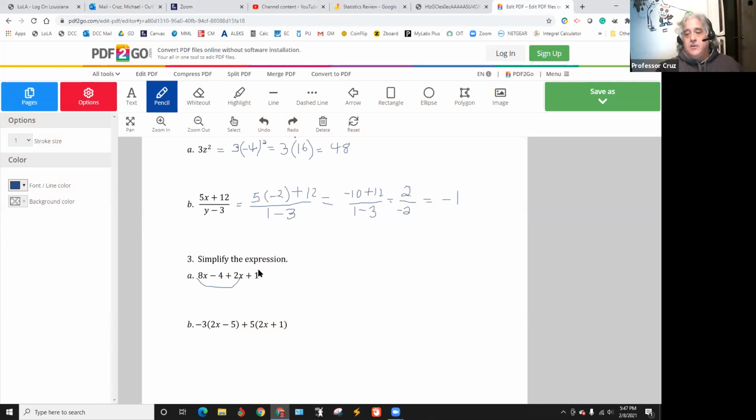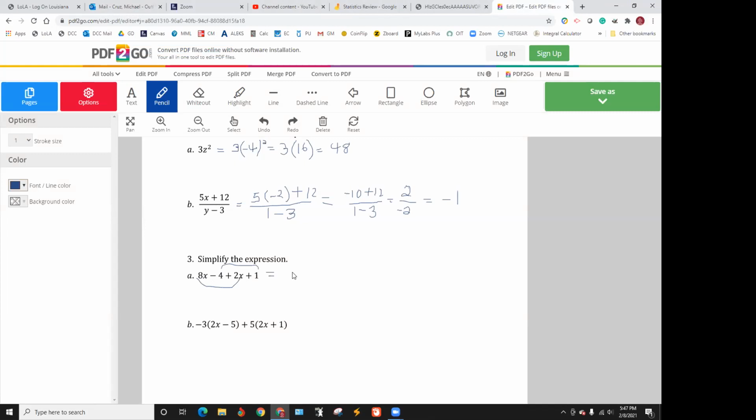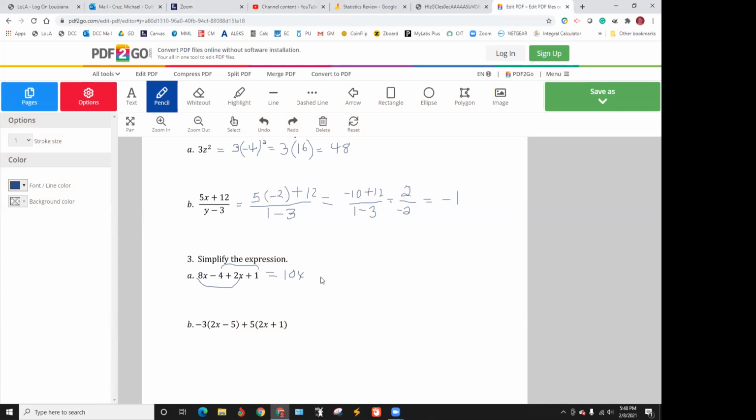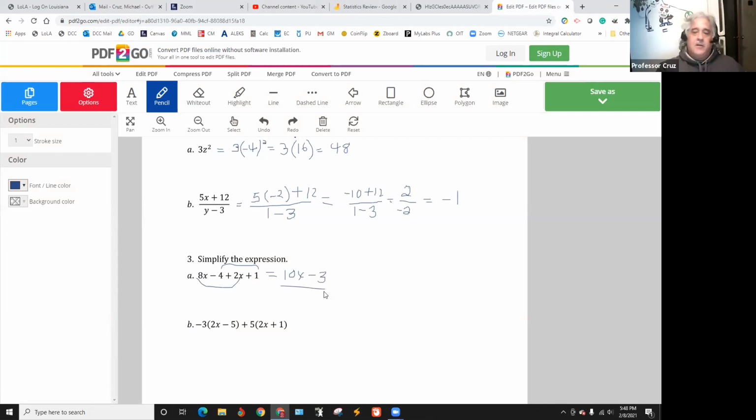These and these two. 8x plus 2x, 10x. Good, yep. And then -4 and a positive 1, -3. Good. So that's all there is to that one.